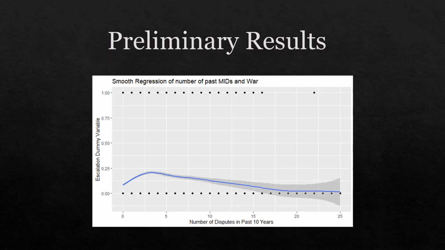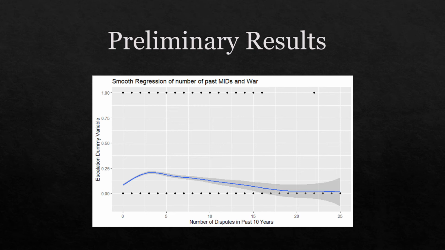This graph tells us a little bit more about our hypothesis specifically. It plots the proportion of disputes that end up going to war against the number of disputes the countries have had in the past 10 years. You can see that countries that haven't had any disputes in the past 10 years are about 10% likely to go to war. This number peaks at about 4 disputes in the past 10 years, where it's almost at 25%.